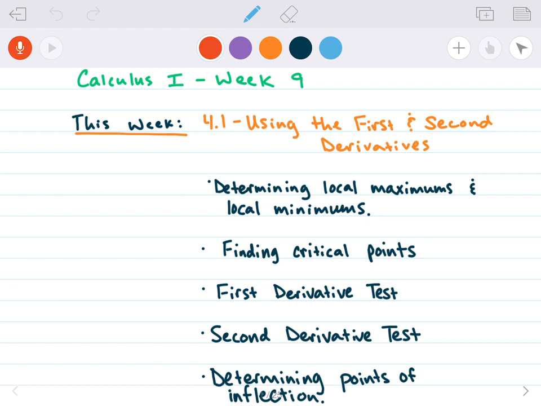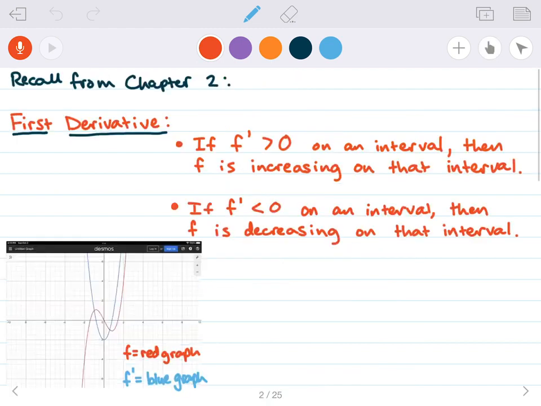We're going to talk about what are critical points, how do we find them, and then we're going to look at two different sort of tests to determine whether or not a local max or min exists. Okay, so let's go ahead and get started.